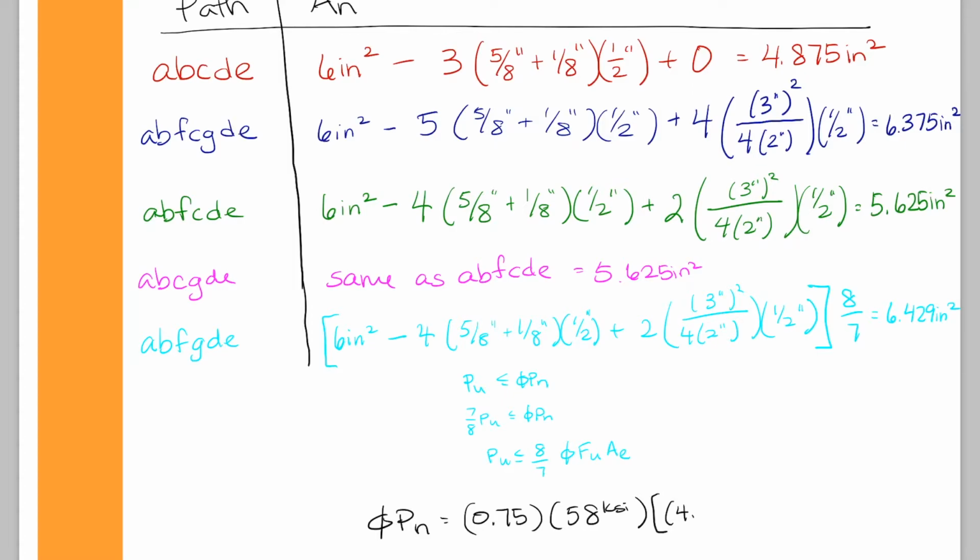Our lowest net area was path ABCDE, so 4.875 inches squared, times our U of 1. Again, this was our controlling path. If you want to make sure you note that. And so we can do our calculation. Phi Pn for fracture comes out to a total of 212 kips.